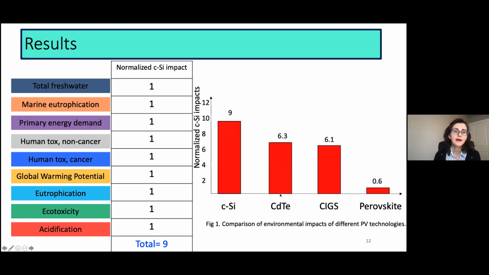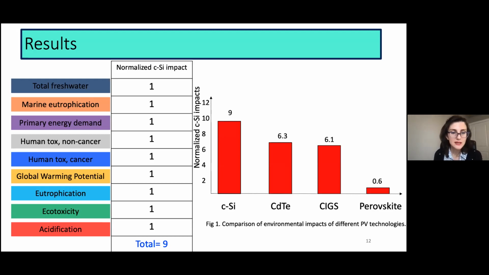And here are our results. So for crystalline silicon, again, the total normalized impacts are 9 points. And for perovskite, we have a chance to reduce our impacts by more than 30 times, 40 times. So it is 0.6. And look at other thin film technologies such as CdTe and CIGS.